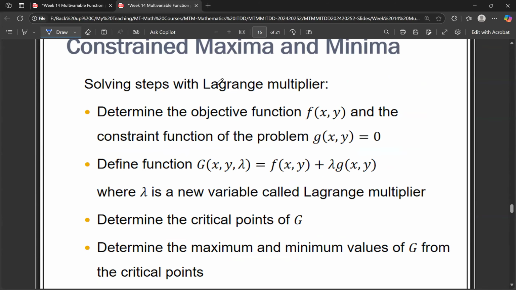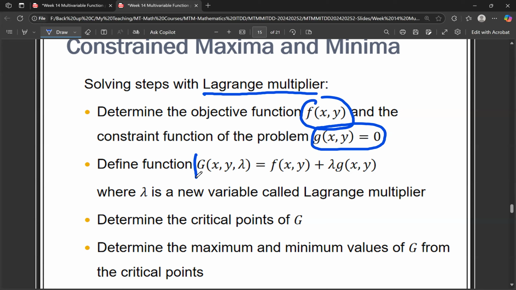We can use the Lagrange multiplier, or Lagrangians. And what is the formulation? If we have a main function with two variables, the constraint problem can be constructed like here.